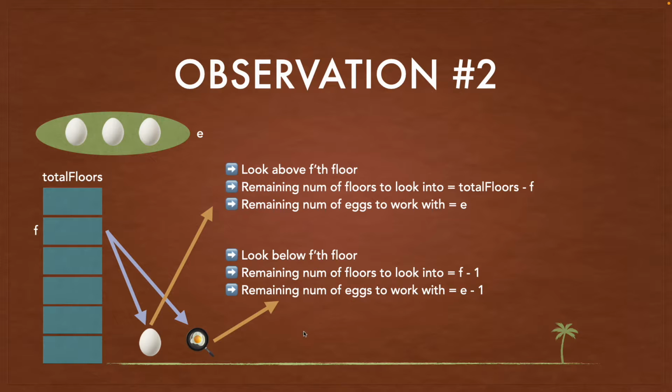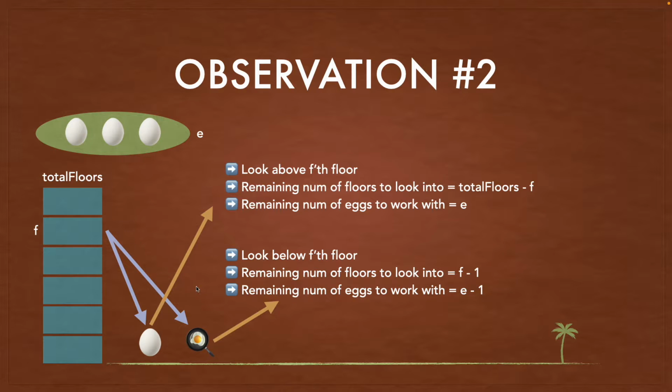Now what happens if the egg breaks when you drop it from the Fth floor? It means that F is a floor wherefrom if you drop the egg, it will break. It means that the minimum floor, the closest floor to the ground wherefrom an egg will break, is going to be less than or equal to F. So you're going to have to look below the Fth floor, not above.